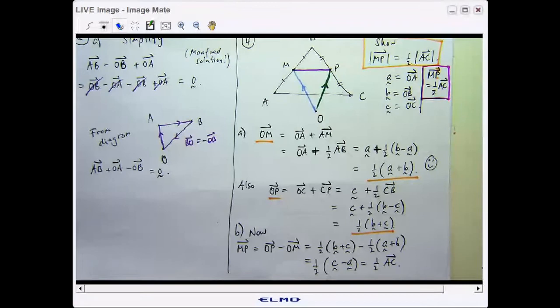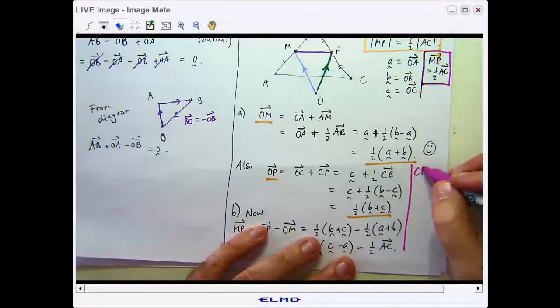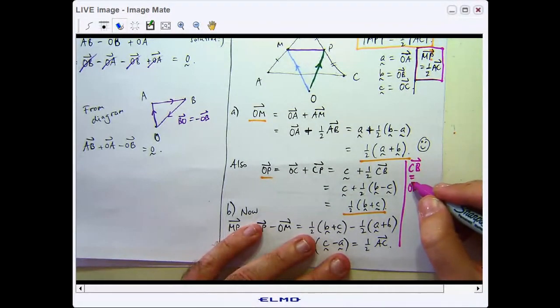All right. So, Alison, good question. Let's go back to the solution. Let me just share my window. Remember, Alison, CB by the triangle rule is OB minus OC.